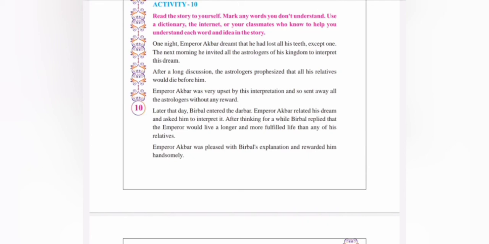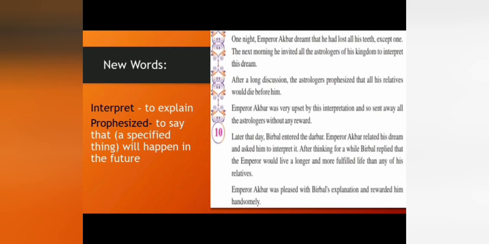Emperor Akbar was very upset and turned out all the astrologers unrewarded. Later, Birbal was asked to interpret the dream. Birbal said that the emperor would live a longer and more fulfilled life than any of his relatives. The emperor was pleased with Birbal's interpretation and rewarded him handsomely.